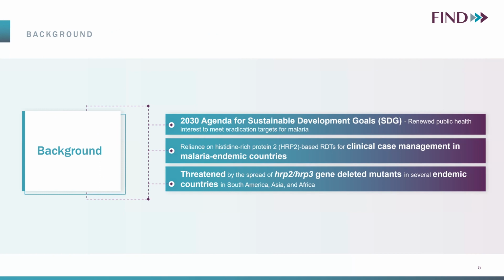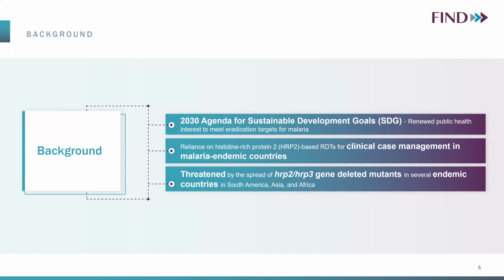Unfortunately, the circulation of HRP2/3 gene deletions in the different malaria endemic countries, which started off in Southeast Asia, and is in South America and in Africa as well, has threatened the performance of these malaria RDTs in the different countries.